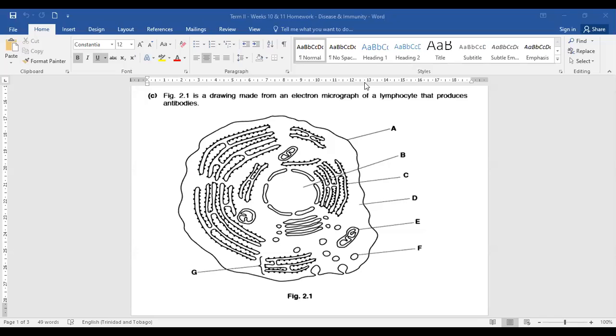Okay, so as I was saying before we got cut off, we know that lymphocytes produce antibodies, right?